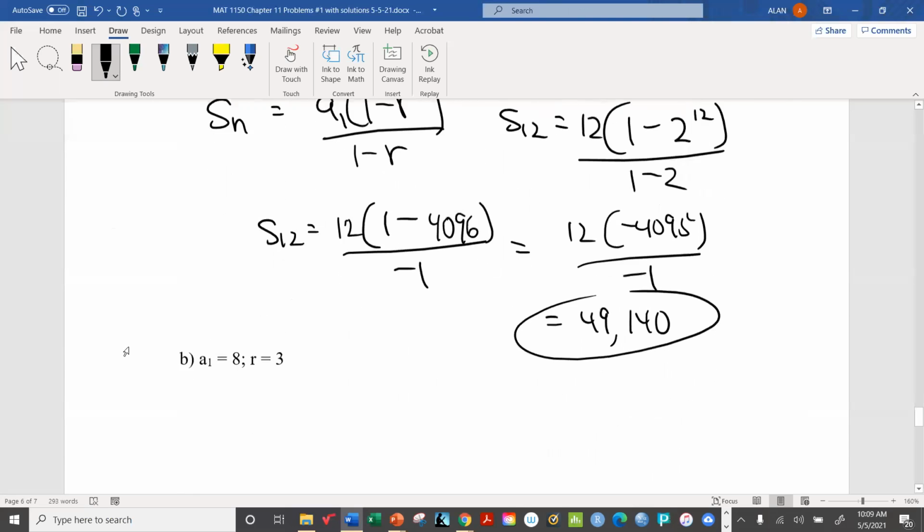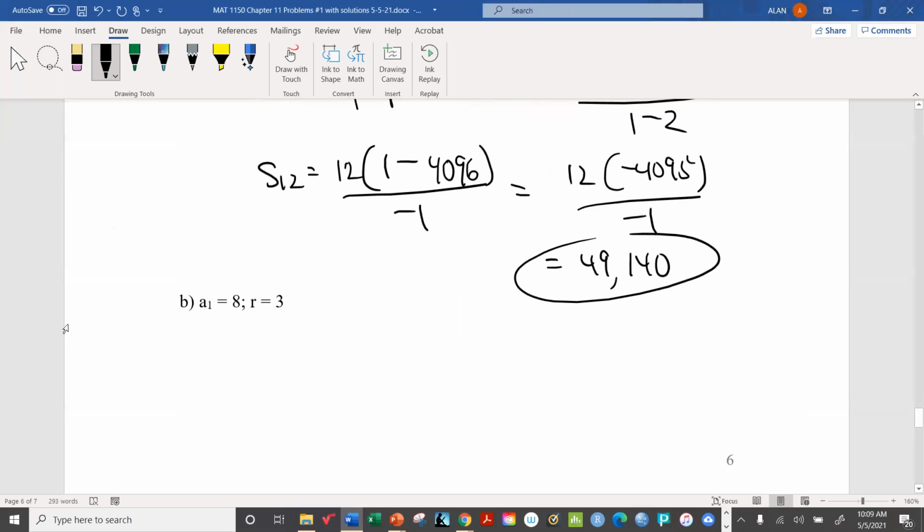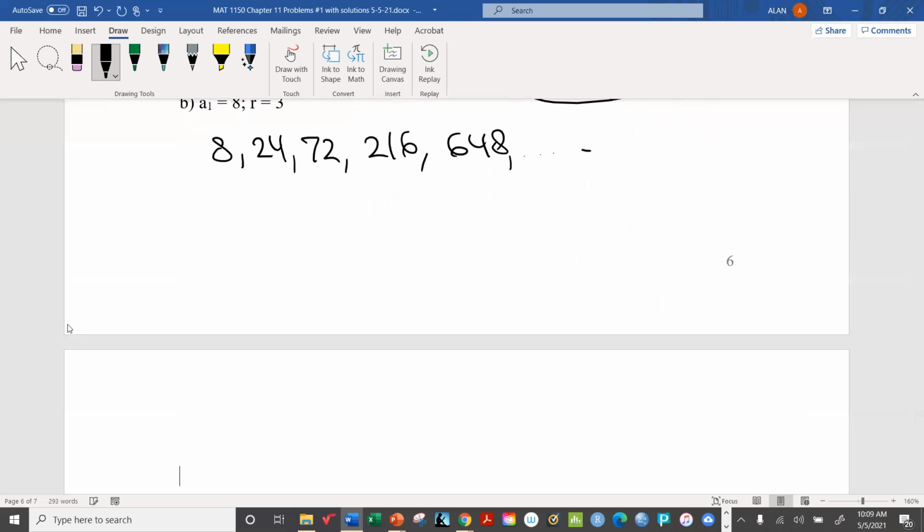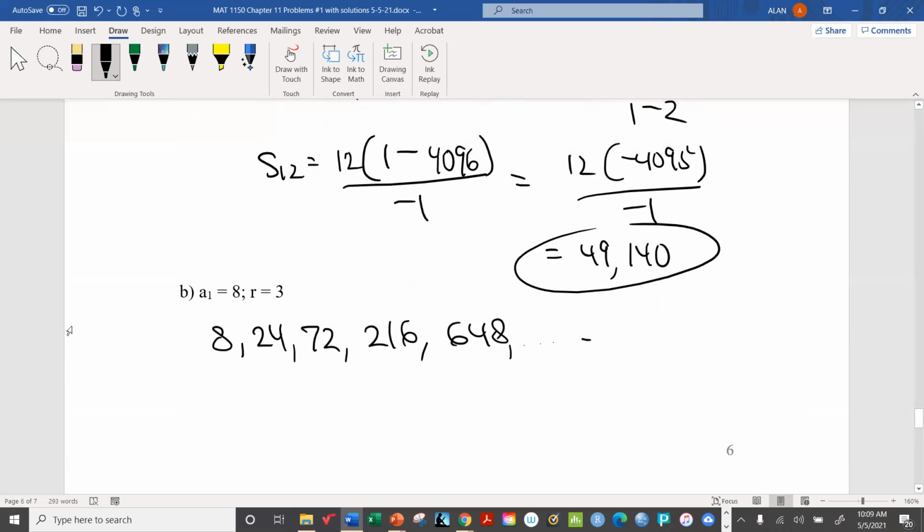Now we'll do the same thing here. So first we need the first 5 terms. Okay, well, that was easy. Now the 12th term would be 8 times.